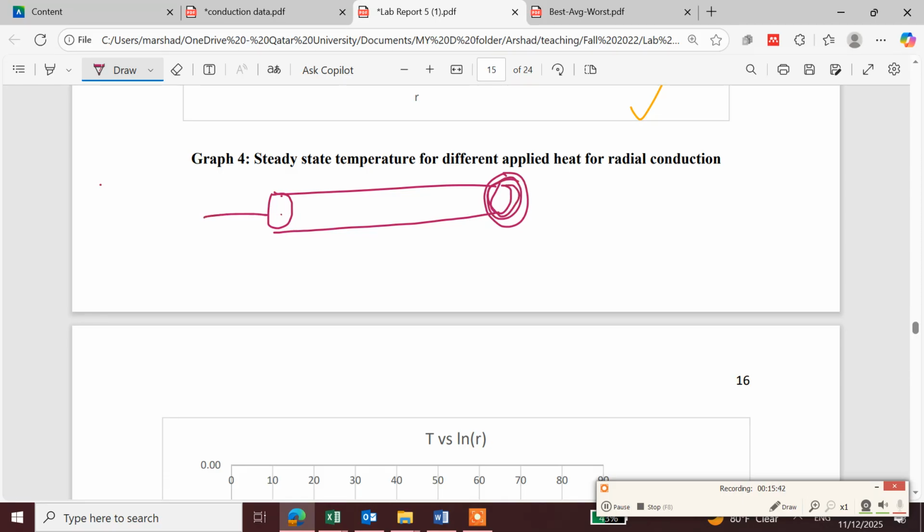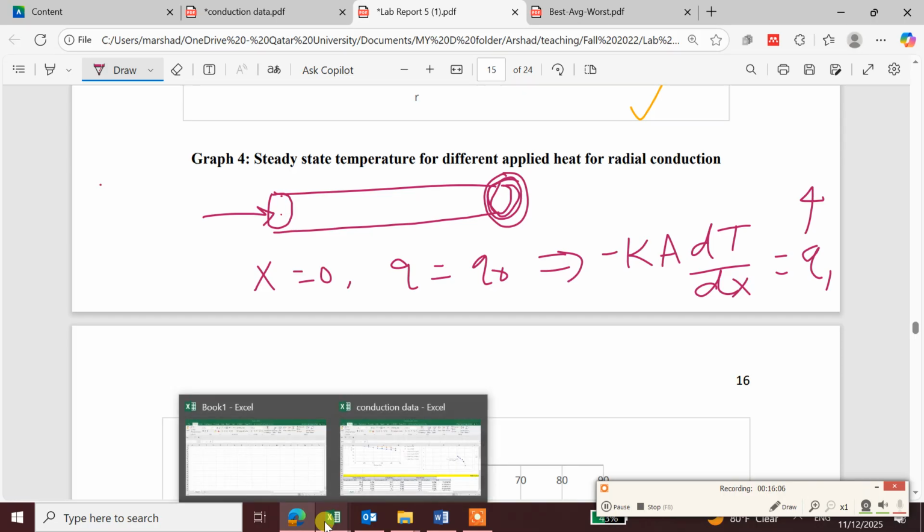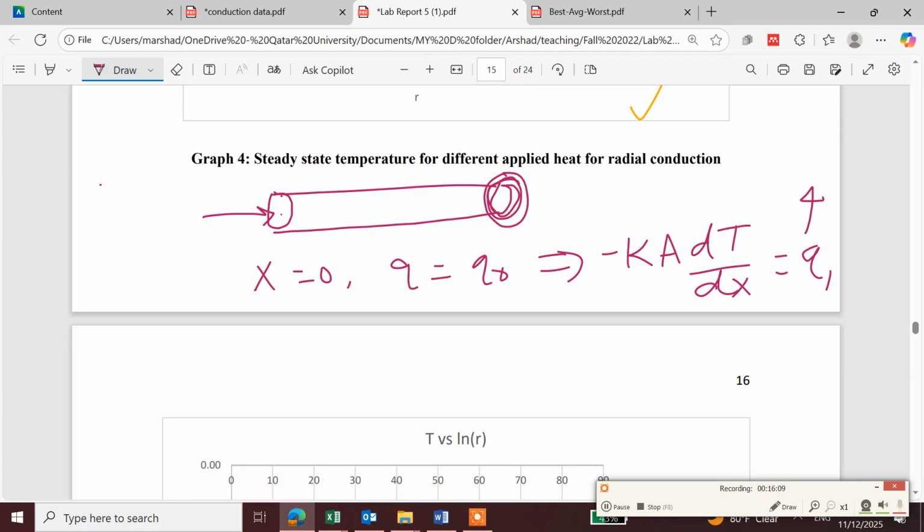So at this point, x equal to 0, q equal q0, right? Q will be minus kA dT/dx equal the value of q0 whatever. This is known, right? So this is one boundary condition. At steady state, water is running like this, right? So water and the metal are in contact.